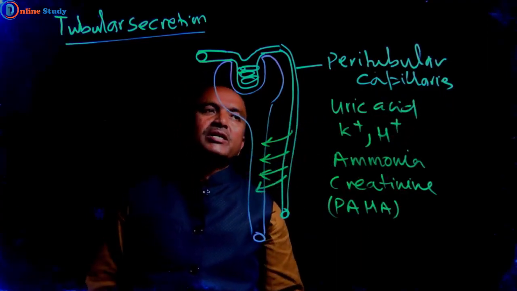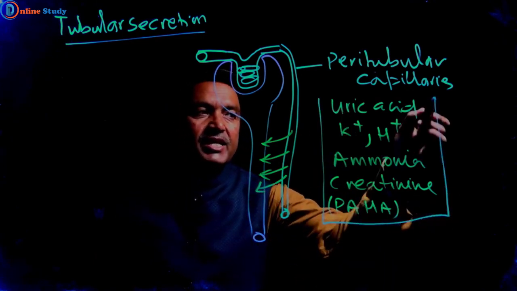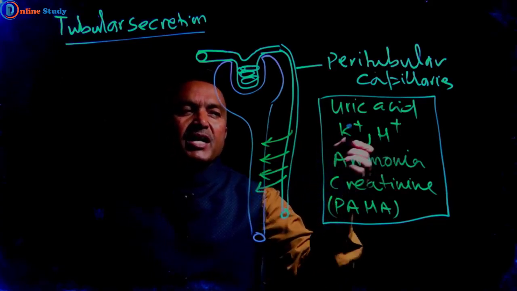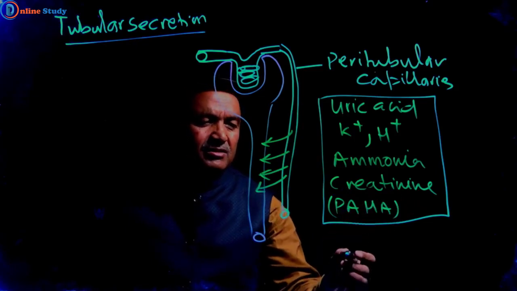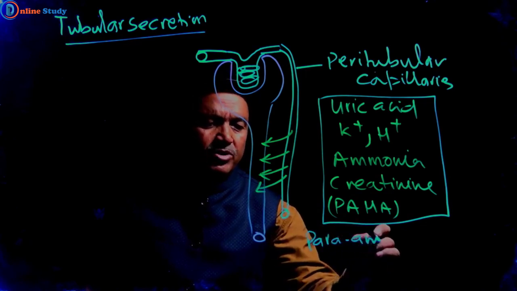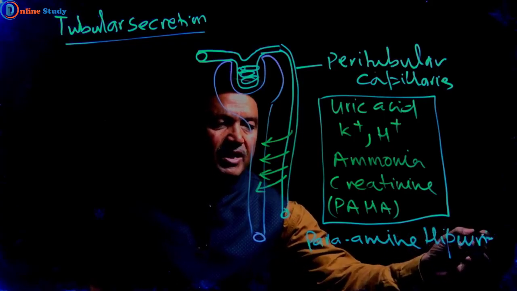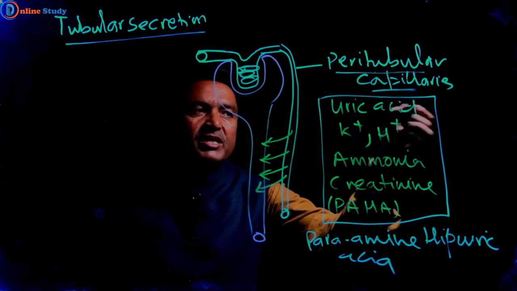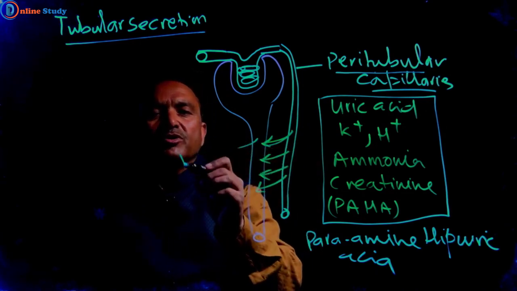From these peritubular capillaries, these substances are secreted: uric acid, potassium ion, hydrogen ion, ammonia, creatinine, and para-aminohippuric acid. They are secreted from the peritubular capillaries and discharged into the renal tubule.